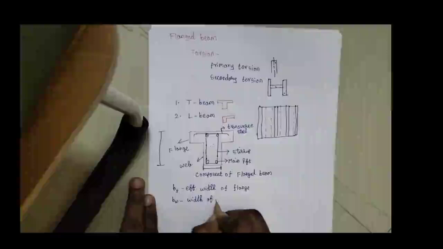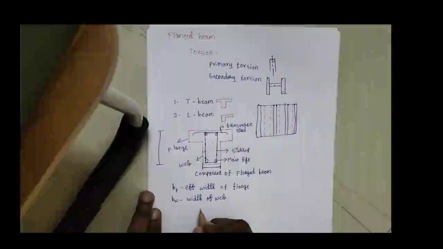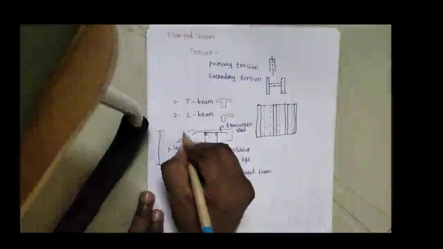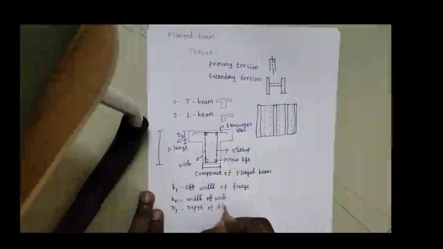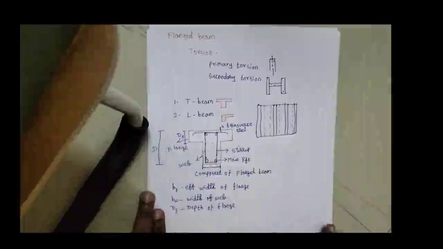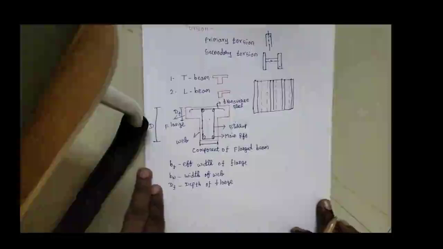In this problem we also need to consider the depth of flange, that is DF. This portion is called DF, the depth of flange. And this overall depth is considered as the depth of the overall beam. So we need to consider all these values in our problem.